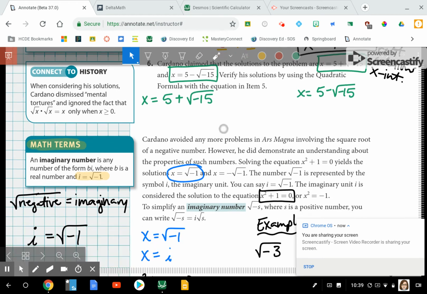Well, what if we'd gotten some sort of x values that looked like this? Where we have a real number, and then we have the square root of a negative. A real number and square root of a negative. These are what are called complex numbers.